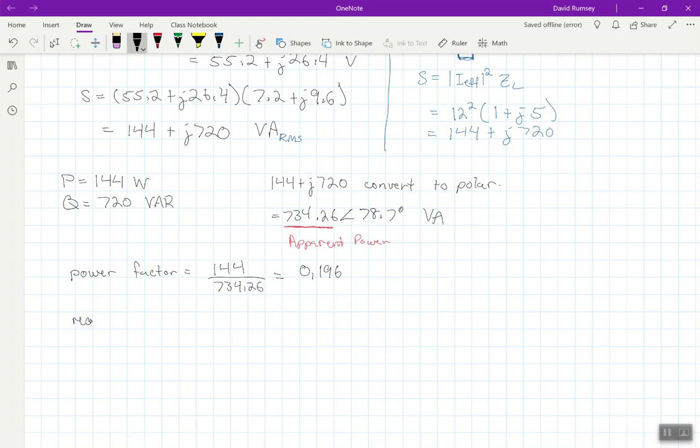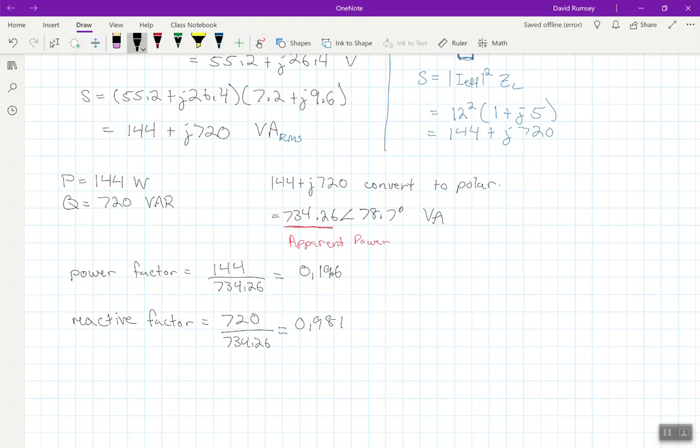And the reactive factor is 720 over 734.26, which is 0.981.